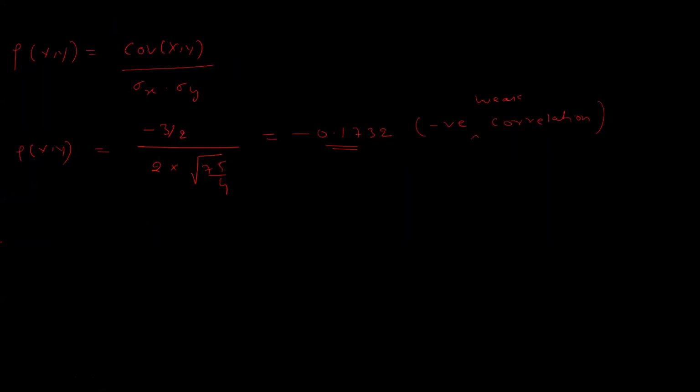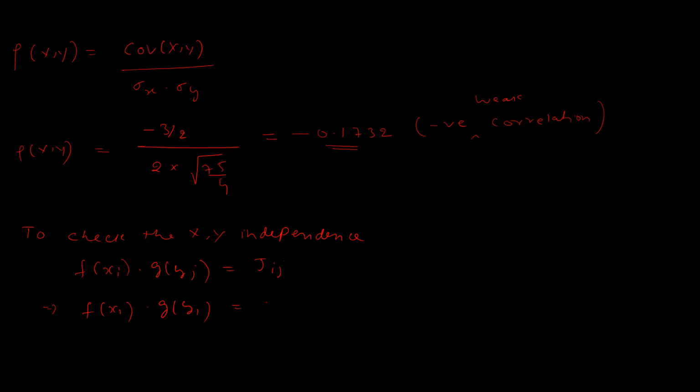So to check the x and y independence, I have to take f of xi into g of yj, and that should be equal to j of ij in general. So what I will do, I will take only one value. I will just take f of x1, I will take g of y1, and I will check whether it is equal to j11 or not.